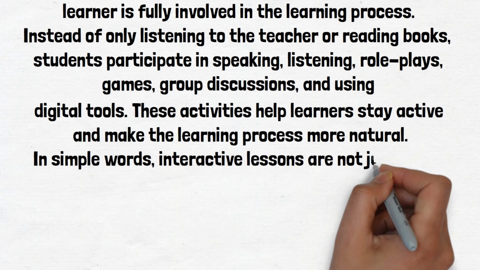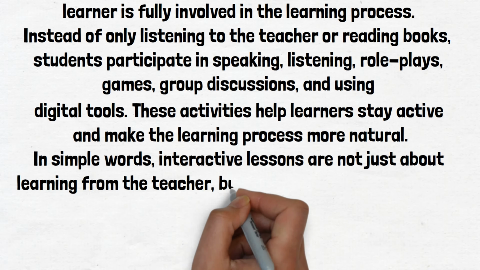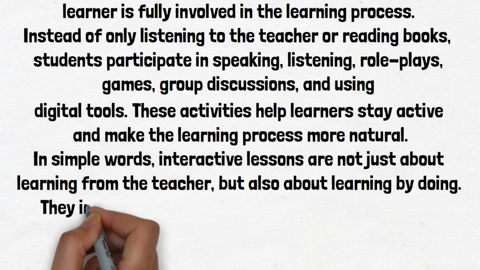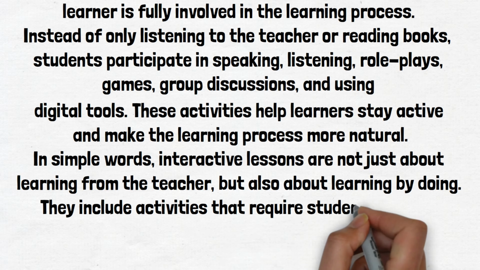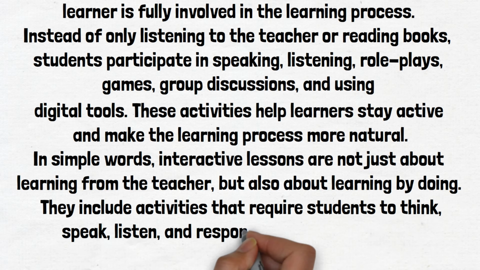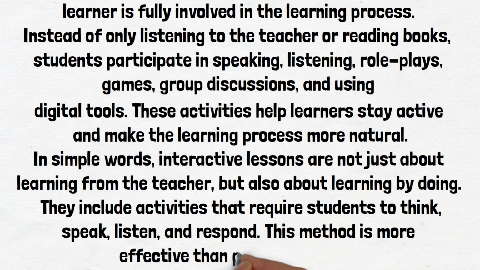These activities help learners stay active and make the learning process more natural. In simple words, interactive lessons are not just about learning from the teacher, but also about learning by doing. They include activities that require students to think, speak, listen, and respond. This method is more effective than passive learning.